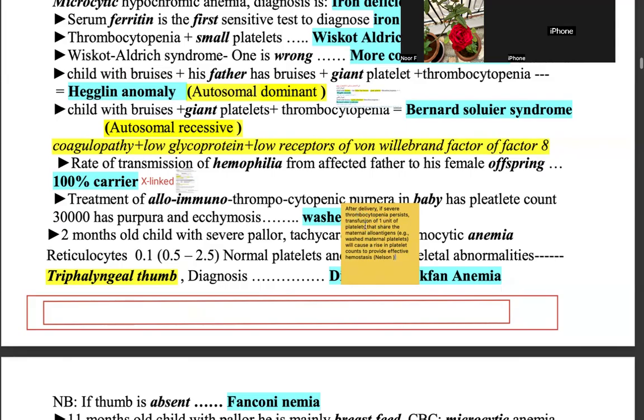He's telling after delivery, if severe thrombocytopenia persists, transfusion of 1 unit of platelets that share maternal alloantigens, example, washed maternal platelets, will cause a rise in platelet counts to provide effective hemostasis. You have to wash the platelets to remove the maternal alloantigens, because this is autoimmune thrombocytopenic purpura.